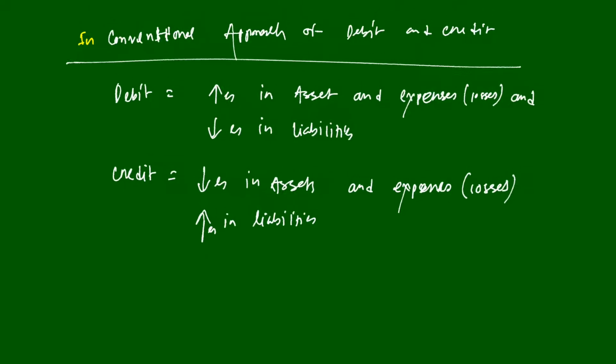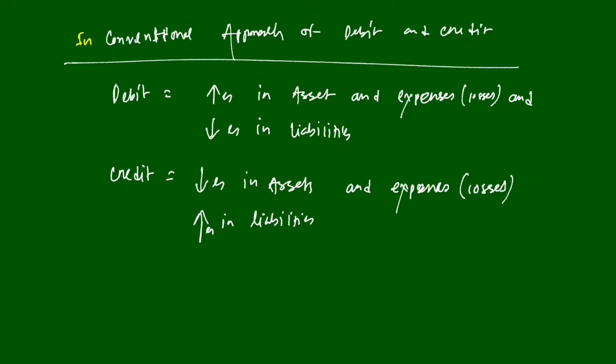Okay, it will be the conventional approach of debit and credit. The formula: debit is an increase in assets and expenses, that is losses, and a decrease in liabilities. On the other hand, credit is a decrease in assets and expenses and an increase in liabilities.